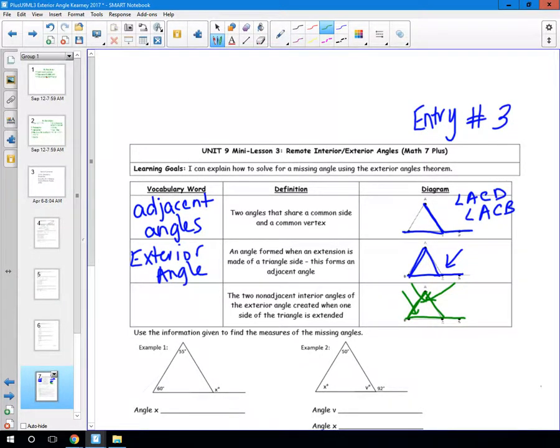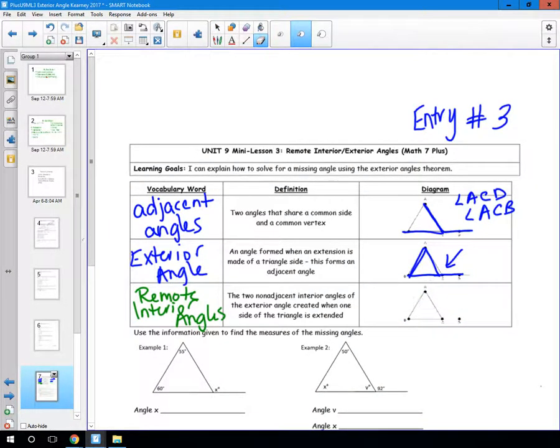Those two non-adjacent interior angles, created when one side of the triangle is extended, are called remote, because if you are remote from someone, that means you're removed. So remote interior angles. These two angles here, this one and this one, because they are not adjacent to the exterior angle we created, are remote interior angles.